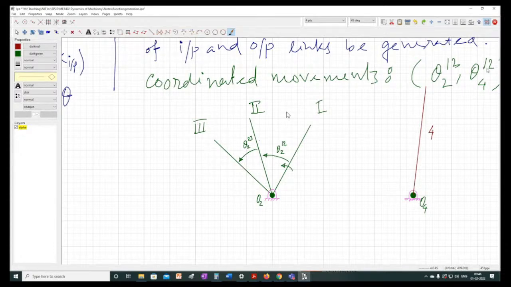And according to this specified movement, for example, you can take theta 2 1 2, as we said here, 45 degree, right? And theta 4 1 2 for that, suppose it is required, is say 20 degree.